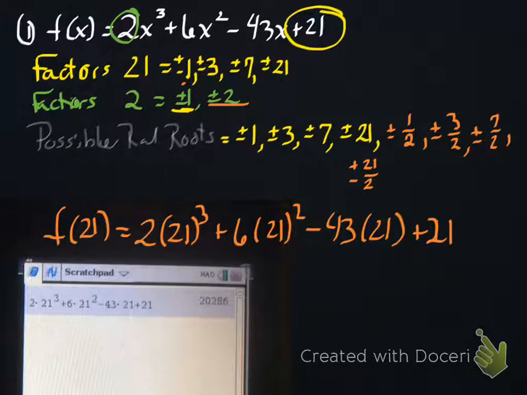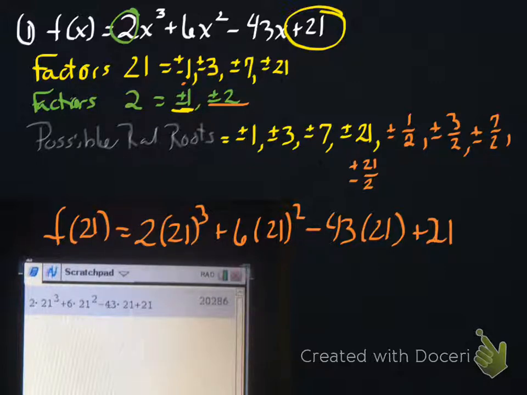That way you can do the positive and the negative without retyping and doing another problem. So always do your positive and negative together in order to save you time on typing these in.